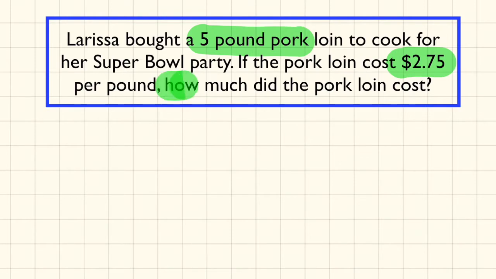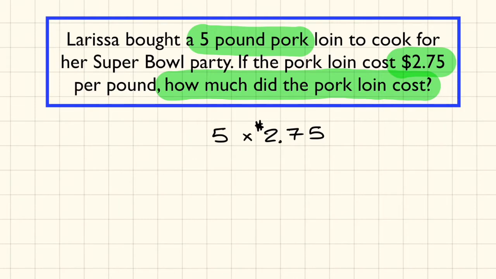And ultimately, the question is asking, how much did the whole thing cost? If one costs $2.75, how much does 5 cost? So if I were to write this as an expression, it would be 5 times $2.75.